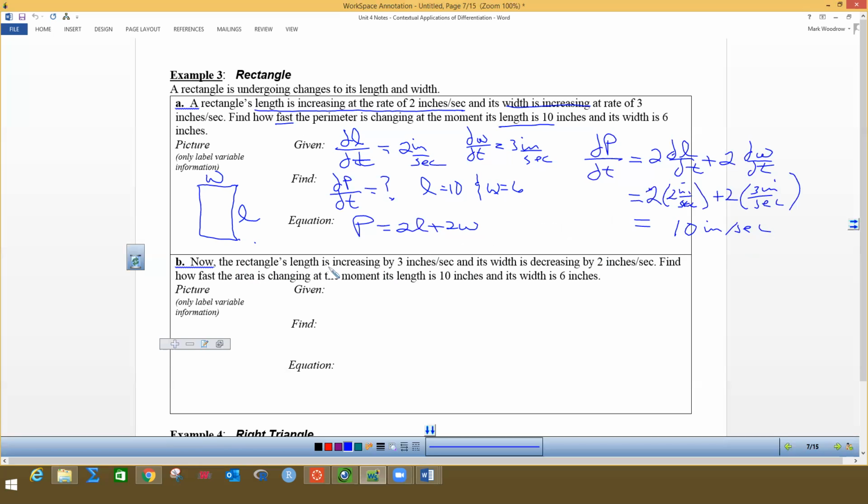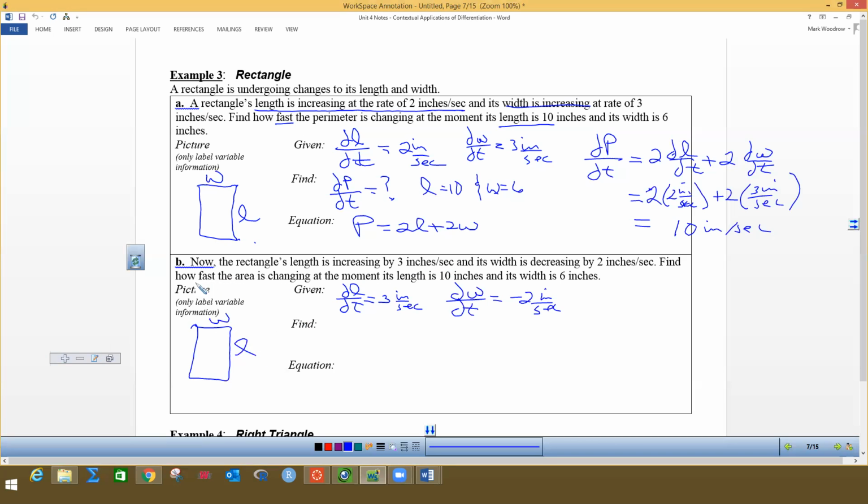Now it says the rectangle's length is increasing by 3 inches, so dL dt again is going to be 3 inches per second. Now the width is decreasing, so now dW dt is going to be negative 2 inches per second. And I should have drawn a picture, and I did not. I'm sorry, but it's the same picture as above. We got a W and we got an L.